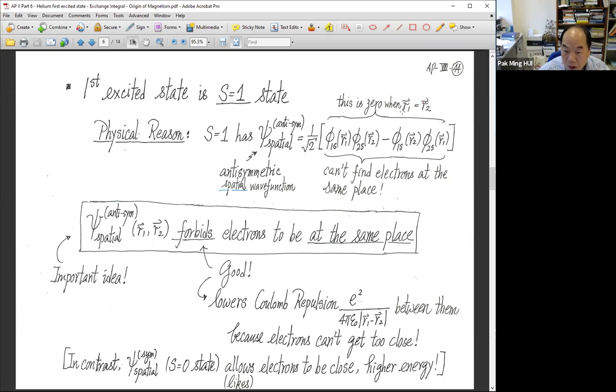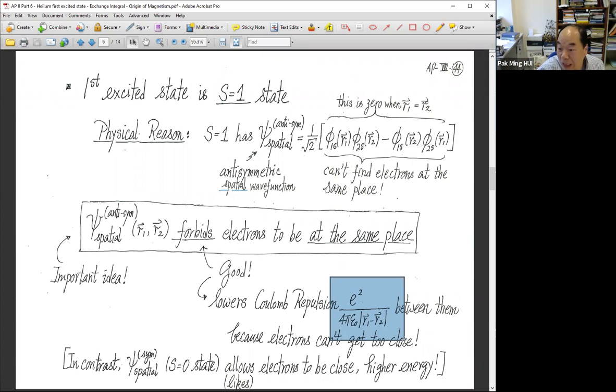Now that is good. This space part means avoiding the electrons being too close to each other. It's good because we have the Coulomb repulsion. If the wave function already tries to avoid them being too close to each other, this contribution of the Coulomb repulsion will be reduced.